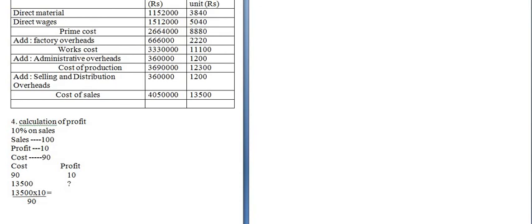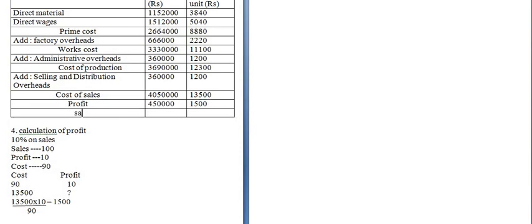So that will be 1,500. So we know profit per unit is 1,500. Okay, into 300 computers, 4,50,000.